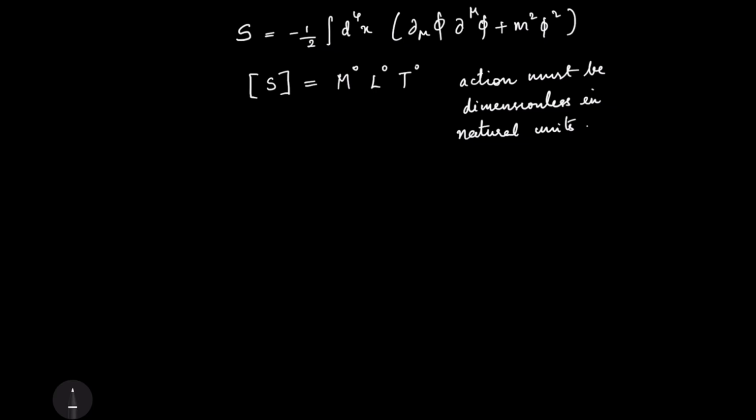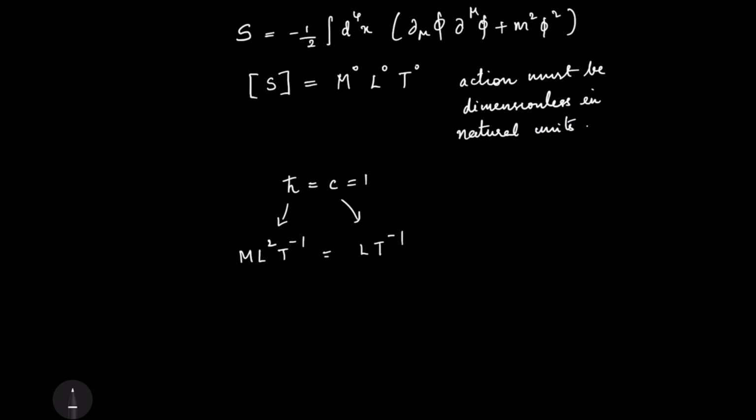So we consider natural units, h cross equal to c equal to 1. The dimension of h cross is M L squared T raised to minus 1, and that must be equal to the dimension of the speed of light.